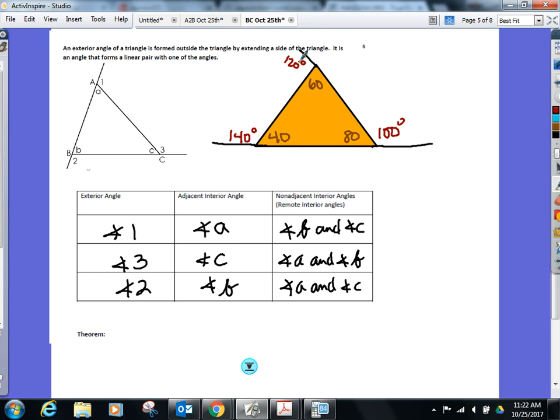Anybody want to see any? Good, Karen, sure. If you're wrong, who cares? Every number goes up by 20, so it's like 40 plus 20 is 60, plus 20 is 80, plus 20 is 100, 120, 140.